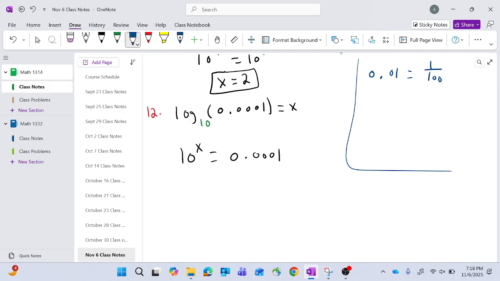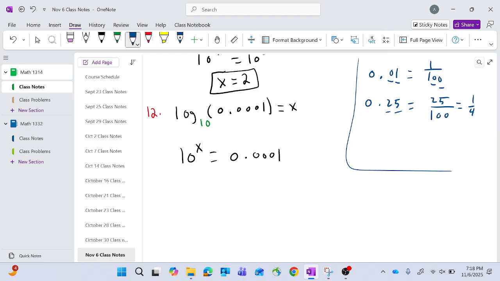How it works is that whatever the number is, in this case 1, you put it on top, and the amount of decimal places you have tells you how many zeros are in the bottom. So if you have 0.25 or a quarter, that's 25 over, I have 2 decimal places, 100. 25 over 100 or 1/4, which is the exact same thing. Does that make sense what I'm saying?